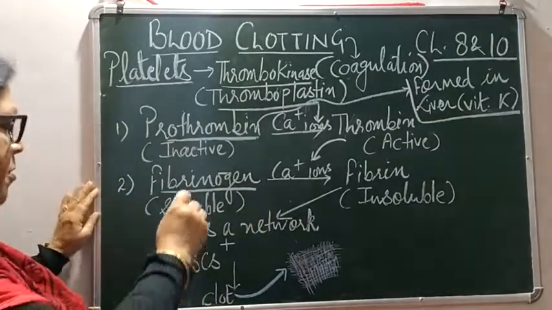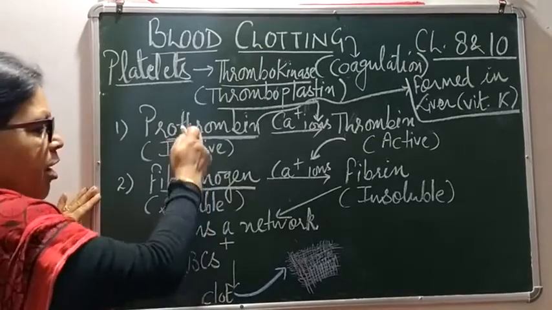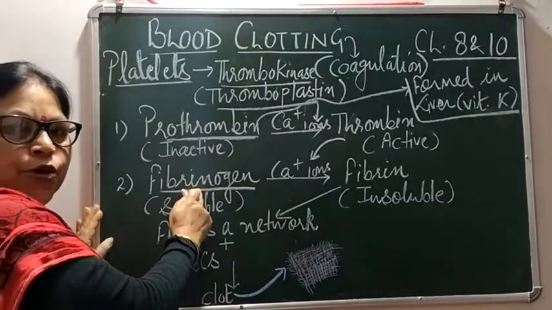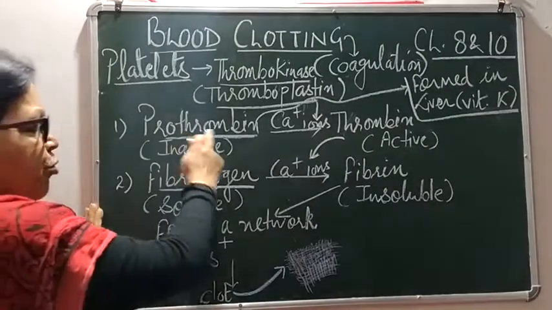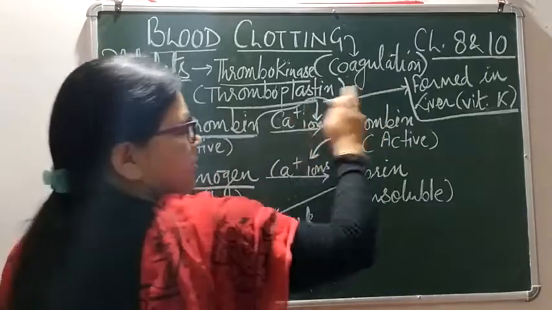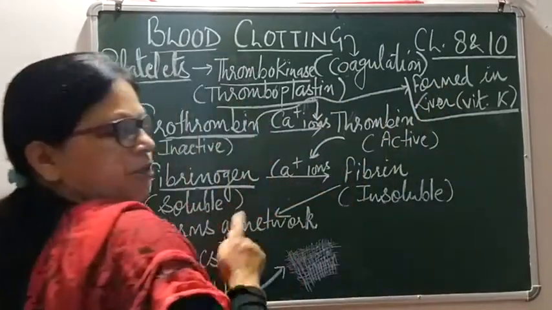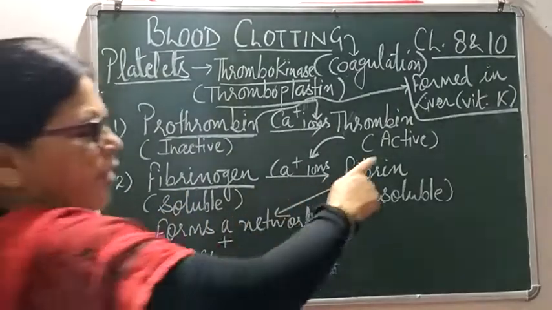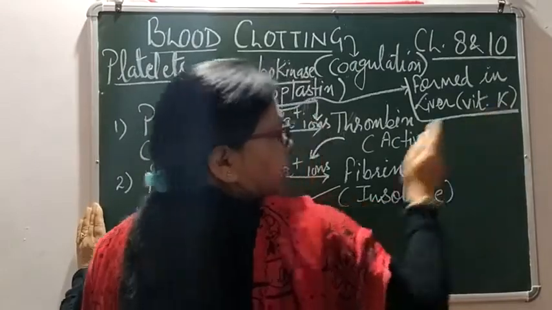Remember that prothrombin and fibrinogen are found in the plasma of blood. One very important thing about prothrombin is that it is formed in the liver, and for the formation of prothrombin, vitamin K is required.